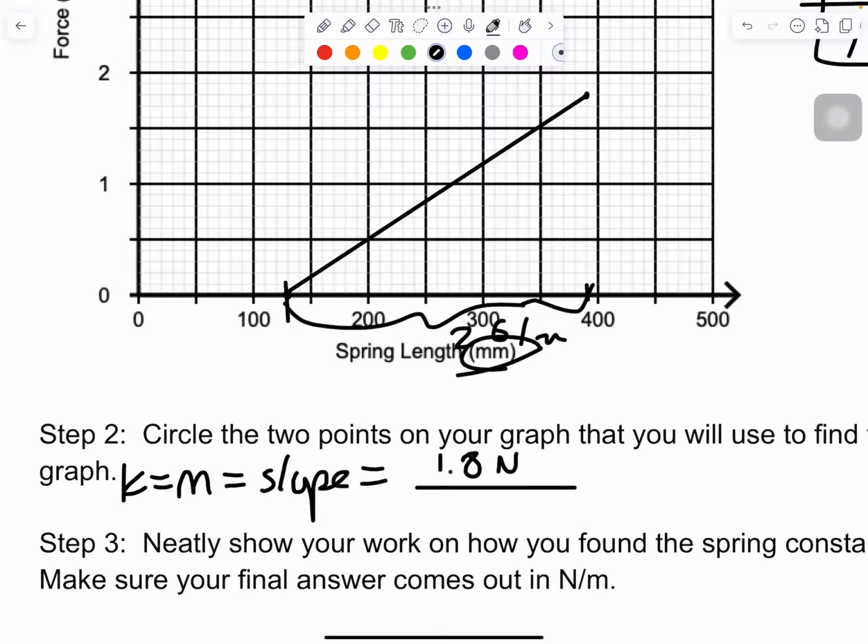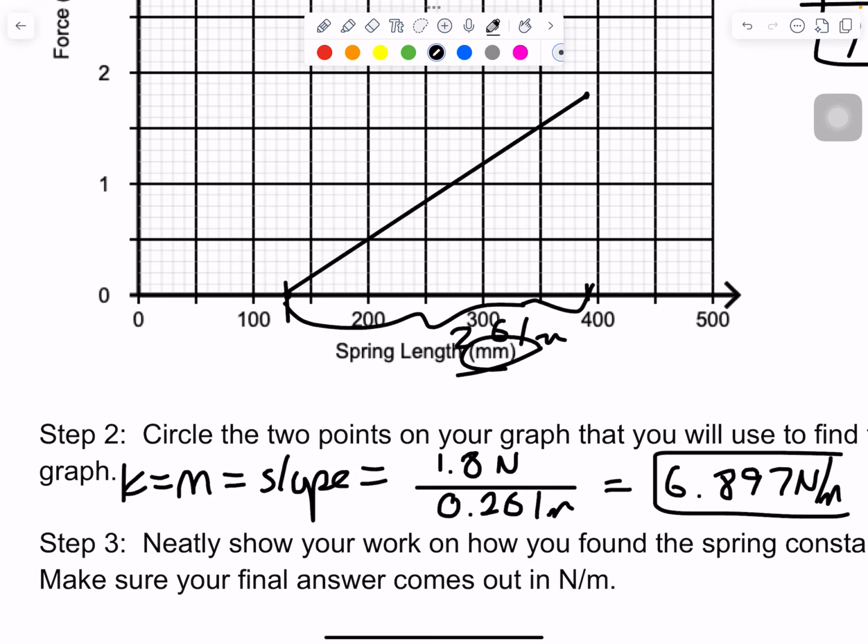Got to convert that to meters by moving the decimal 3 to the left, so that would be 0.261 meters. Go ahead and divide those two. 1.8 divided by 0.261, I'm looking at about 6.897 newton meters, or newtons per meter.